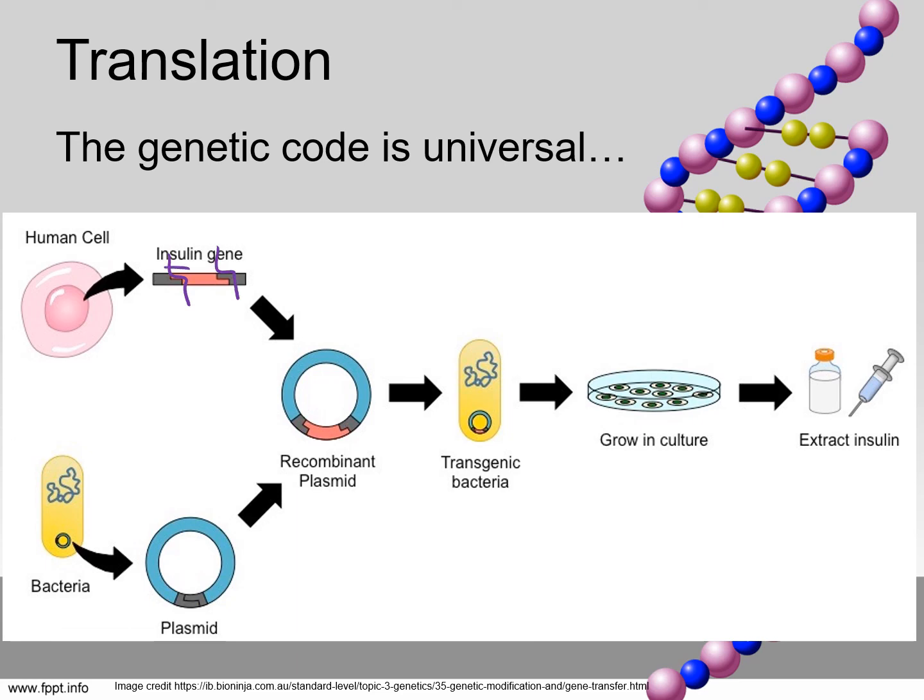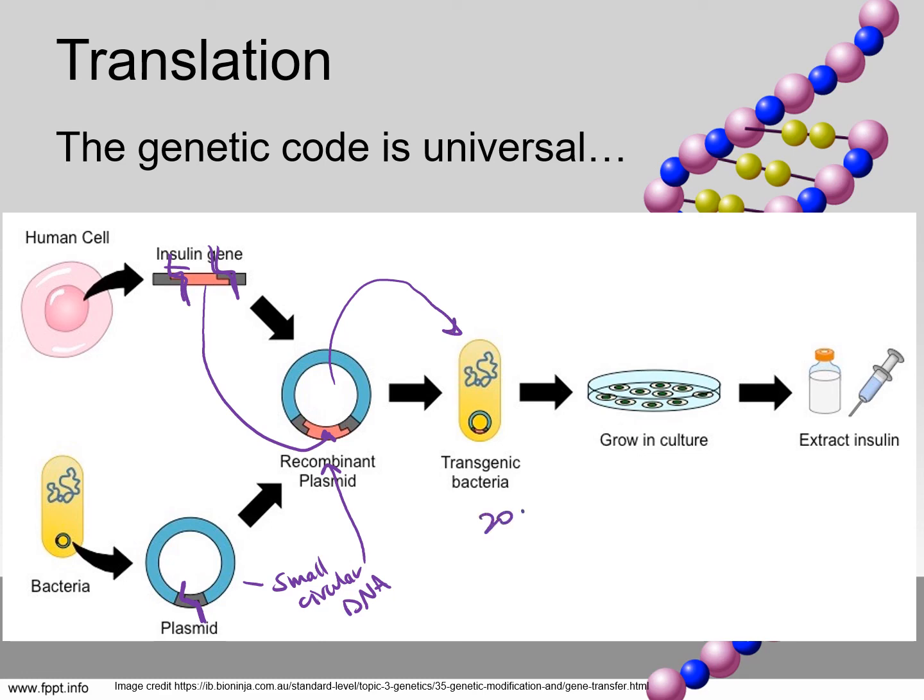I can also take a plasmid, which is a small circular piece of DNA in bacteria, and I can cut it with the same enzyme. And so this sequence that got cut is a match for these cuts. And then the insulin gene will stick to and mash itself into the middle of that plasmid, that little circle of DNA. I can then blast that circle of DNA back into a bacteria.